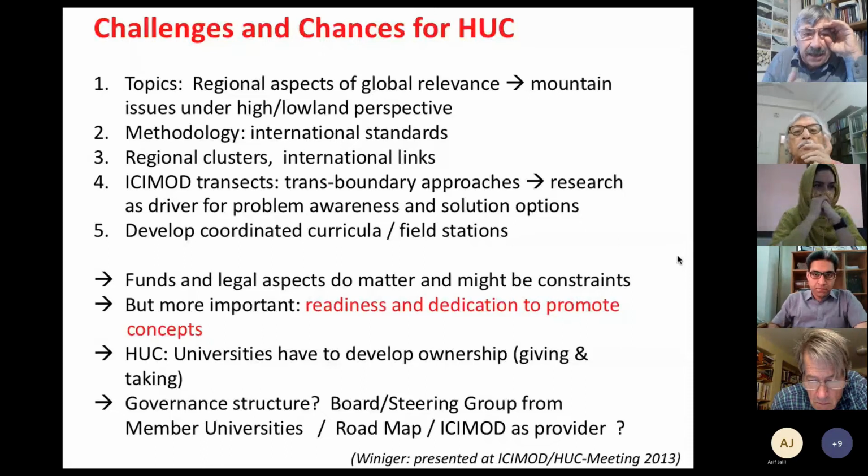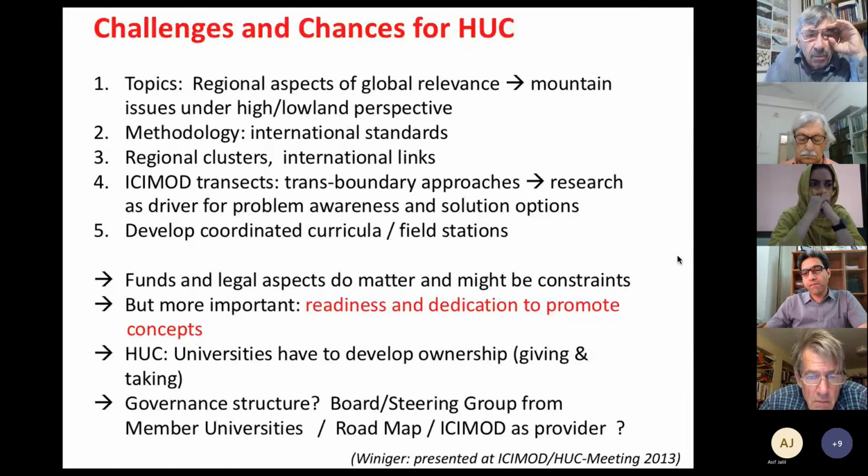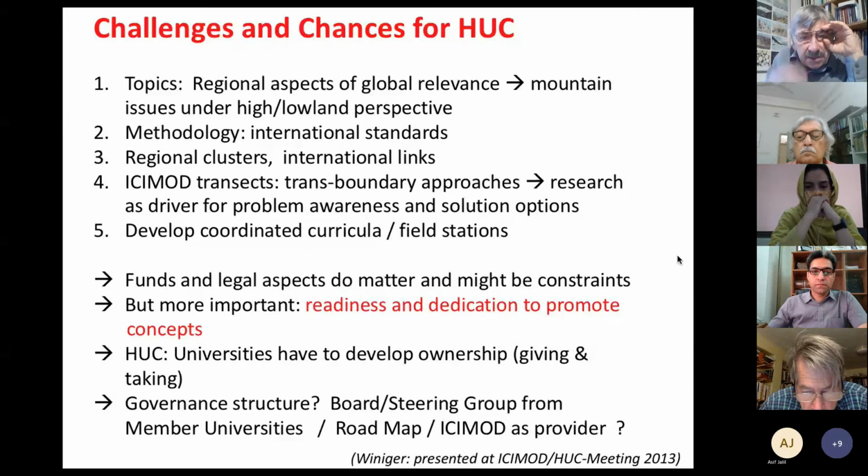There are challenges and chances for this Himalayan University Consortium, where hopefully all of the mountain universities take part as well. Topics, it's quite clear, regional aspects, that's their chance. They are in the region. They can, with their students, with their scientific teams, work in their surrounding. Global relevance, mountain issues, and high lowland perspectives.